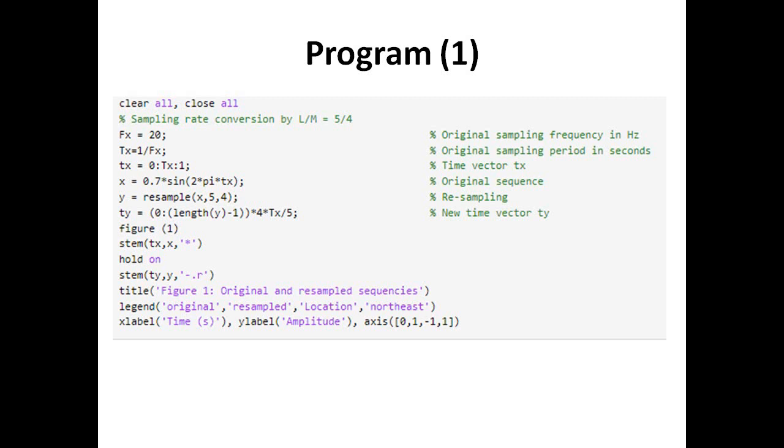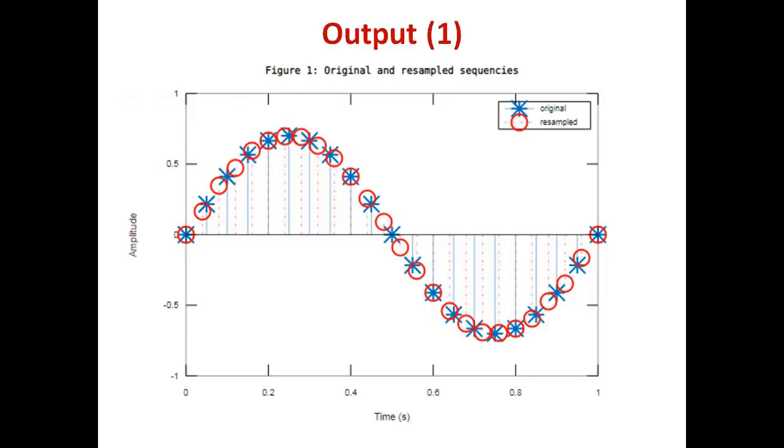The major section of this interpolation and decimation falls in this area, where we need to give the sampling frequency followed by the sampling period, then generate a sine waveform, and then recalculate it. So this is the Matlab code to represent this. And this is the pictorial sample output sequence which we generated for the given input signal.